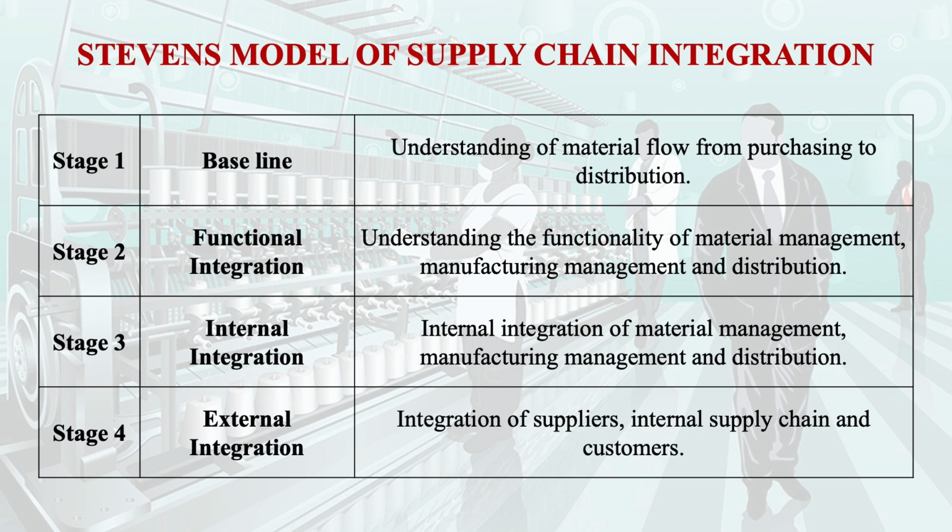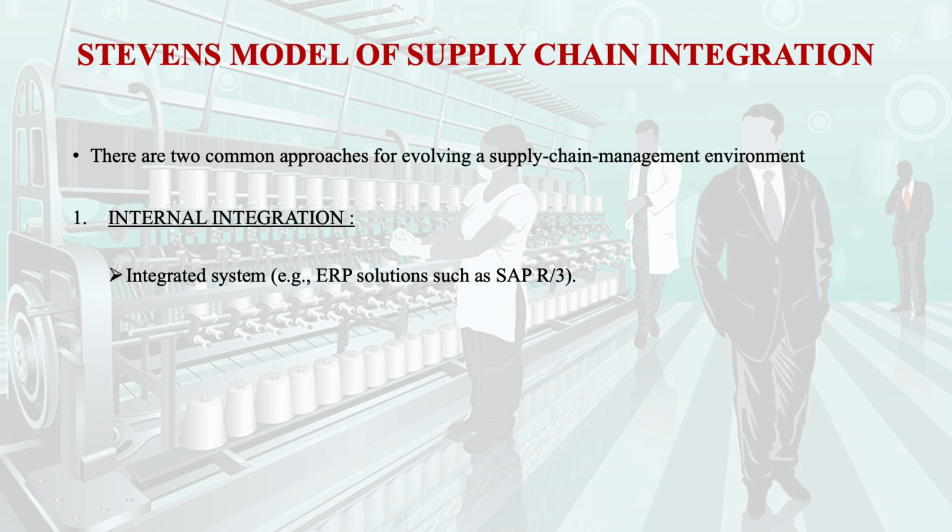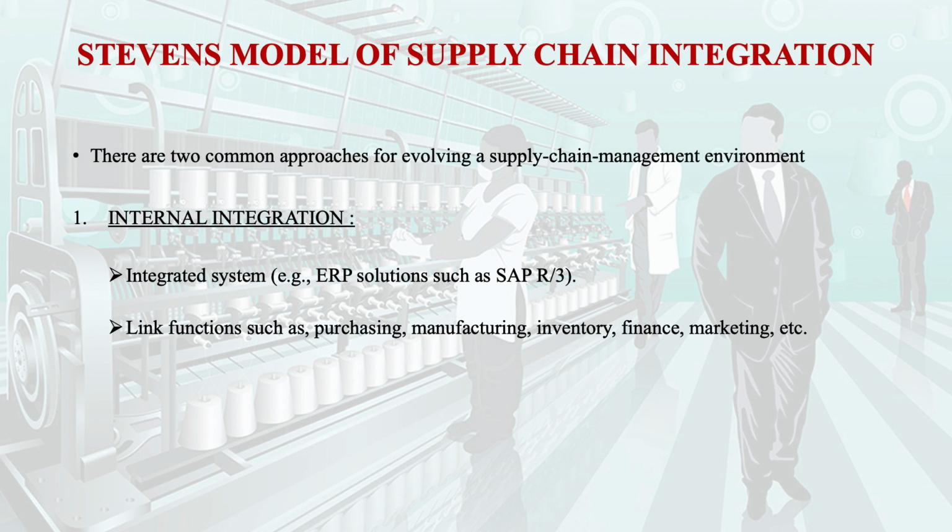Here are some important approaches for evolving the supply chain environment. There is an internal integration, that is an integrated system, ERP solution just like SAP R/3, linking functions such as purchasing, manufacturing, inventory, finance, then shared data and integrated processes.